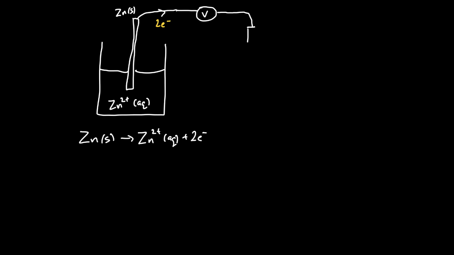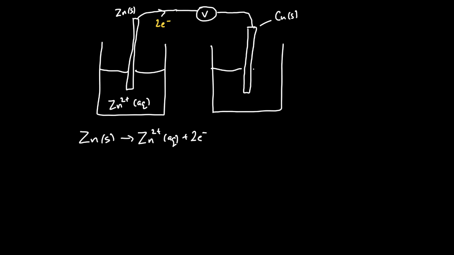All right, so now we've got to get it to the other thing. So we're going to take a copper sheet, a copper electrode, and we are going to immerse it in a solution of the copper 2 ion. And what's going to go on at this electrode is the copper 2 ion can react with those electrons coming down the wire.